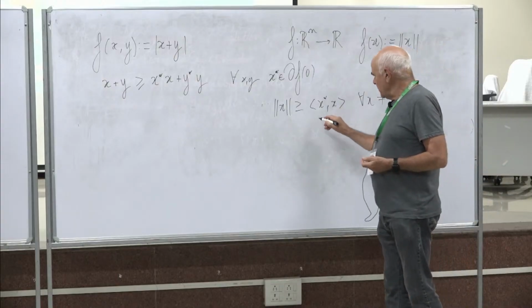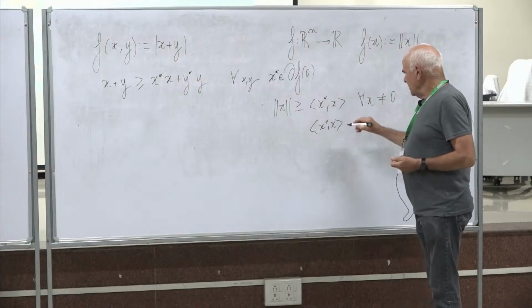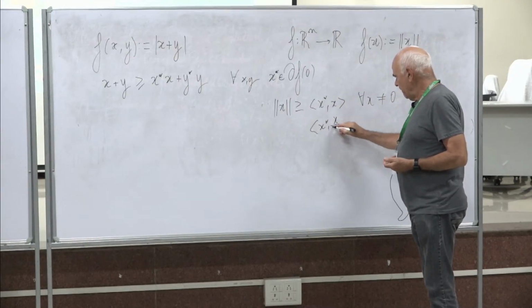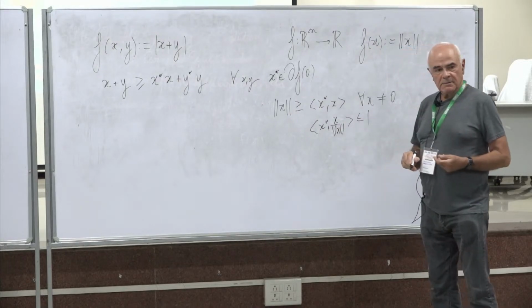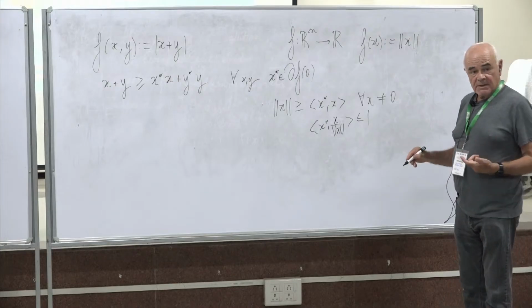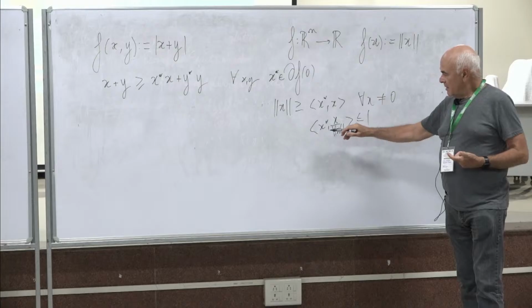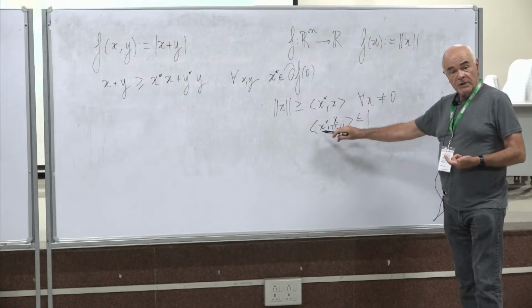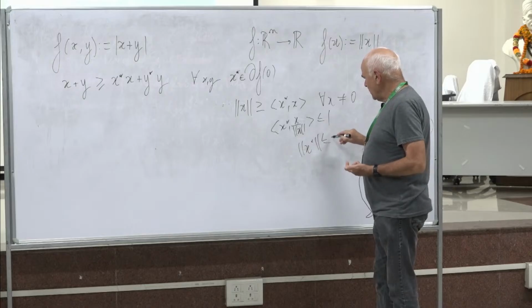Then you can write this as x star x divided by the norm of x less than or equal to 1 for every x, meaning for every vector of norm 1. And the maximum of these expressions over vectors of norm 1 is the norm of x star. So this is norm of x star less than or equal to 1.